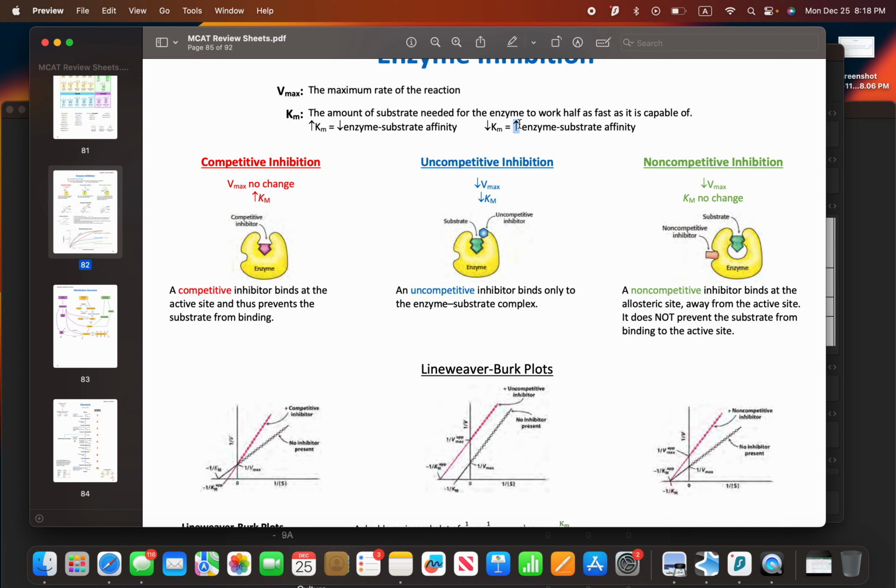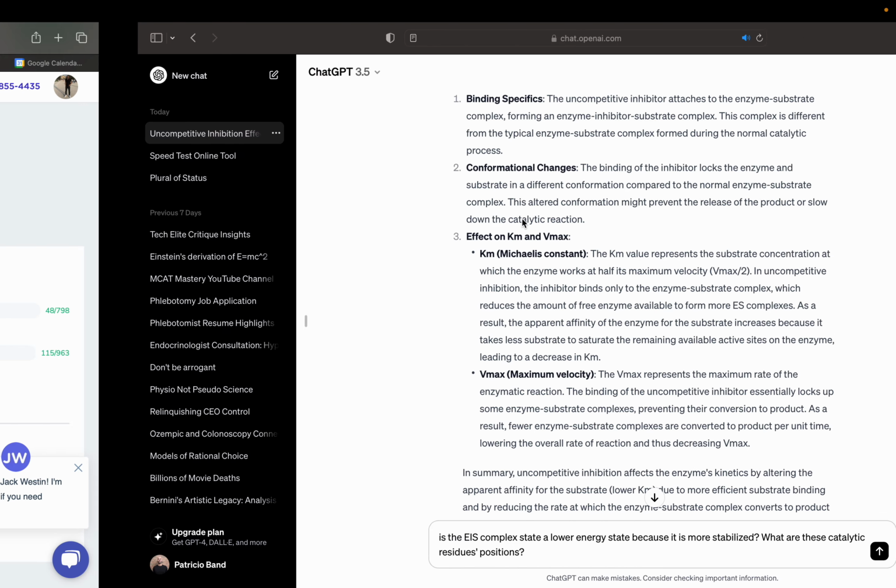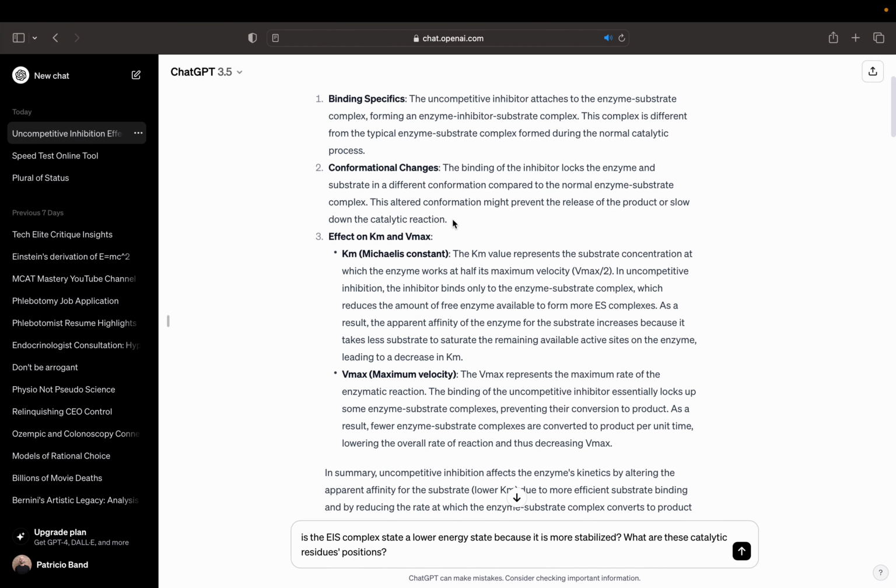So that is why it takes less substrate to fulfill the enzymes. It takes less food, less Km, to satiate the enzymes.